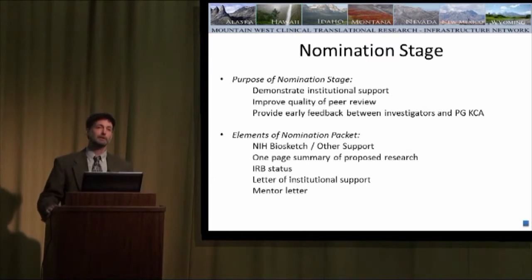As Bill mentioned earlier, institutional support is a key important factor of our network, and it helps to grow our entire network and our future CTR-IN and strengthen our future program. So the demonstration of institutional support is a key feature of that nomination stage, and that is provided, as I'll show you in a moment, in the form of a letter from a chair, a dean, or vice president for research.